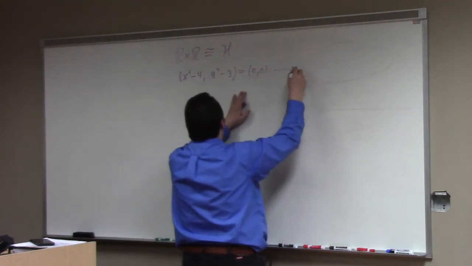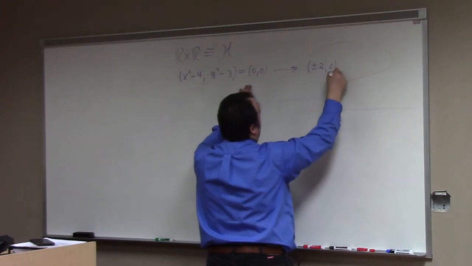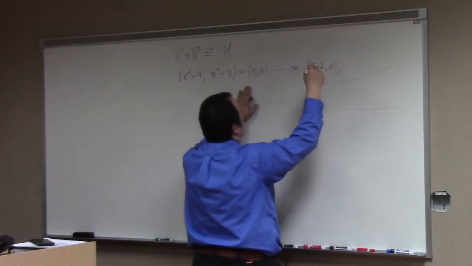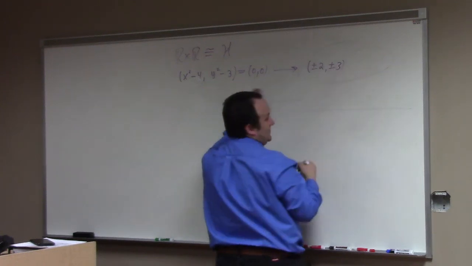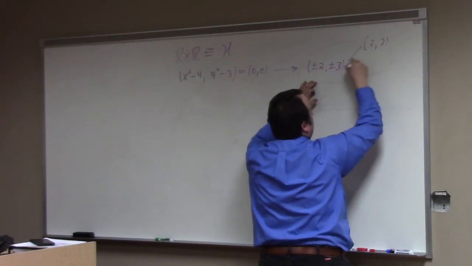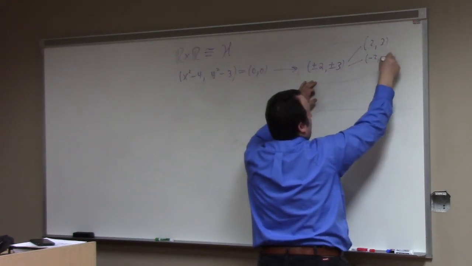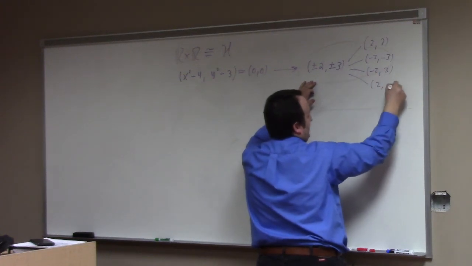Well, that has solutions. It's got solutions plus or minus 2 comma 0. And, oh, sorry, plus or minus 2, plus or minus 3. The pluses and minuses are not connected. The 4 solutions are 2, 3, minus 2, minus 3, minus 2, 3, and 2, minus 3.